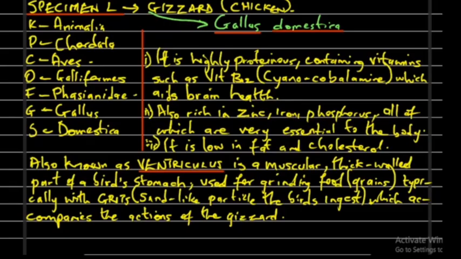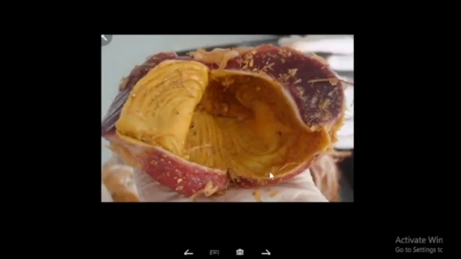Now, this is the thing that we are talking about here. This is how the ventriculus or the gizzard looks. You can see it has a thick wall here, the thick muscular wall around here, and then inside it, it has a tiny sheet lining the internal part of the ventriculus or the gizzard. That is what that particular part looks like.